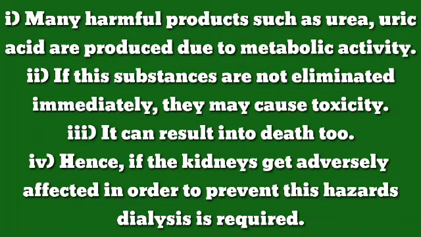First, many harmful products such as urea and uric acid are produced due to metabolic activity. Second, if these substances are not eliminated immediately, they may cause toxicity. It can result in death too. Hence, if the kidneys get adversely affected, in order to prevent these hazards, dialysis is required.